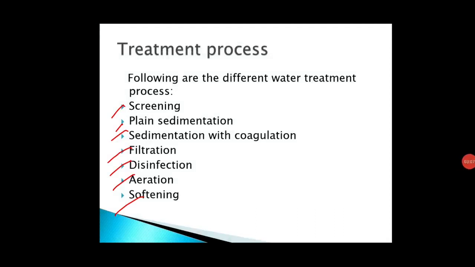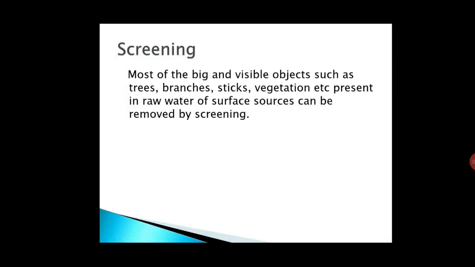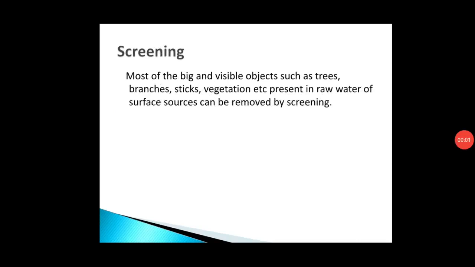So let us first discuss screening. Screens are generally provided in front of the pumps or the intake valve so as to exclude large size particles such as debris, animals, trees, branches, bushes, etc.